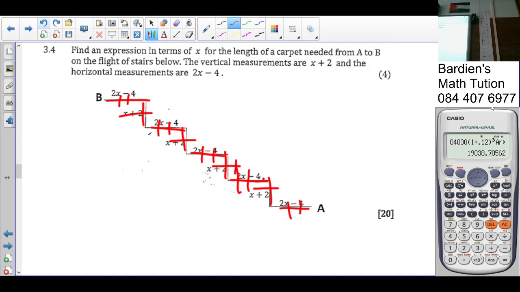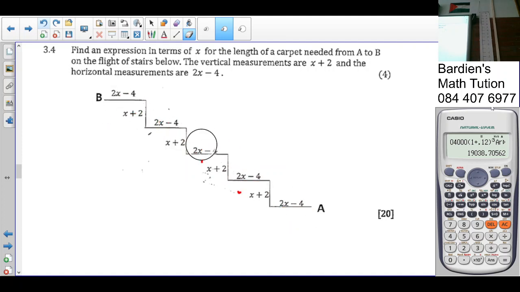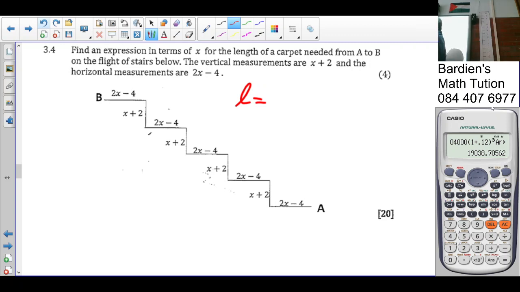The question says, find an expression in terms of x for the length of the carpet. So in other words, the length will be equal to 2x minus 4 plus x plus 2 plus 2x minus 4 plus x plus 2 plus 2x minus 4 plus x plus 2 plus, and so on and so on. But how many x plus 2's are there?